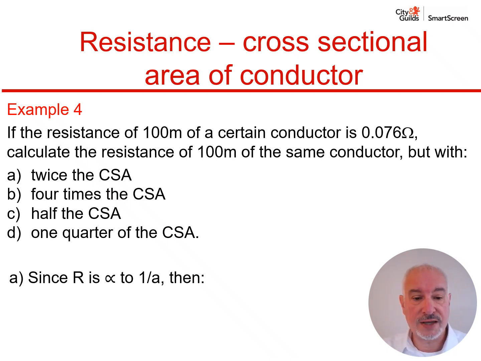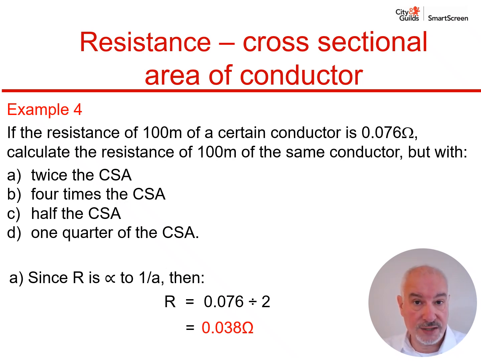So for part A, since R, or resistance, is inversely proportional to area, then R equals 0.076 divided by 2, because we want twice the cross-sectional area, so therefore the resistance will halve. So the resistance of 0.076 divided by 2 gives us a new resistance of 0.038 ohms.